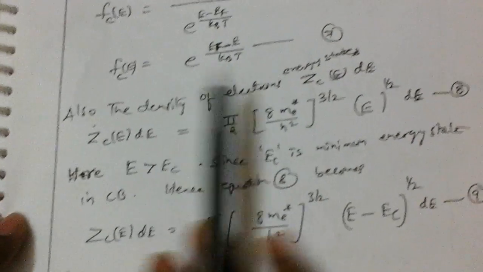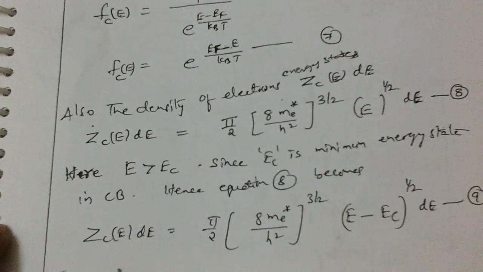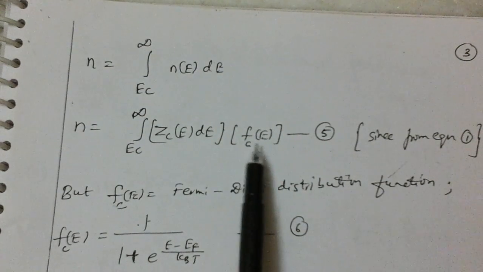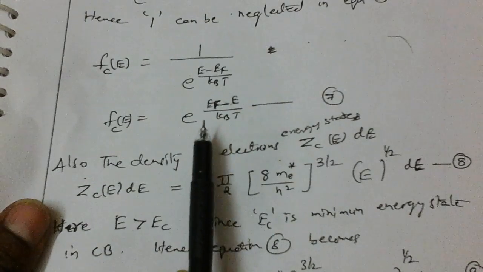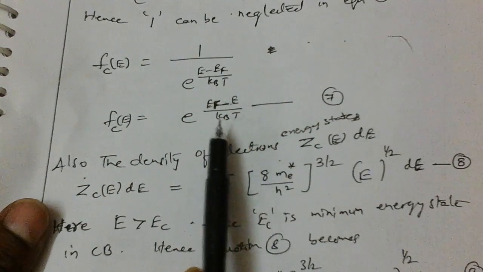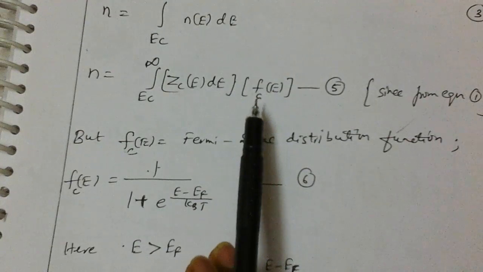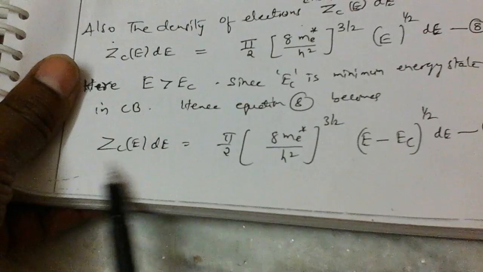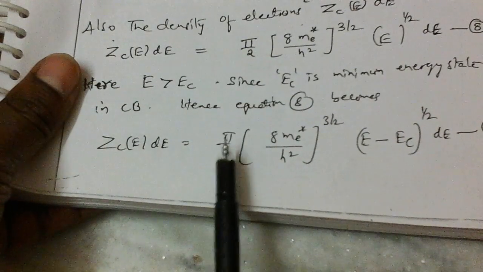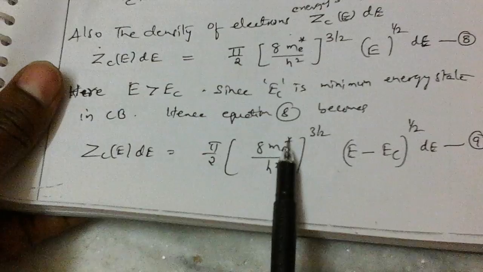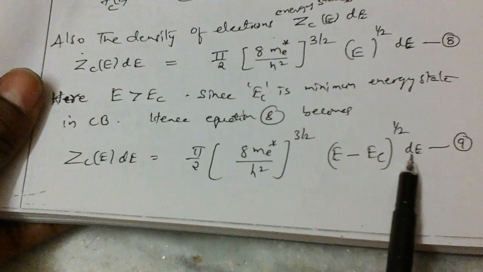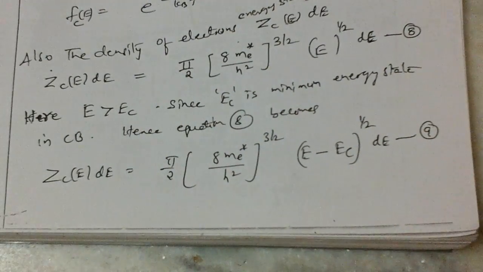F_C(E), we already got as e power of (E_F minus E) by k_B T. This we substituted here. Next, the Z_C(E) dE that we got here, (π/2)(8 π² m_e* / h²) whole power 3/2 into (E minus E_C) whole power 1/2. This equation we are substituting here.